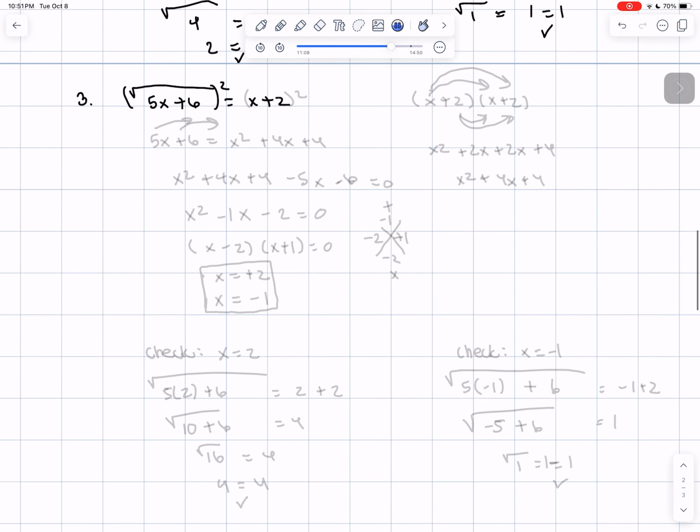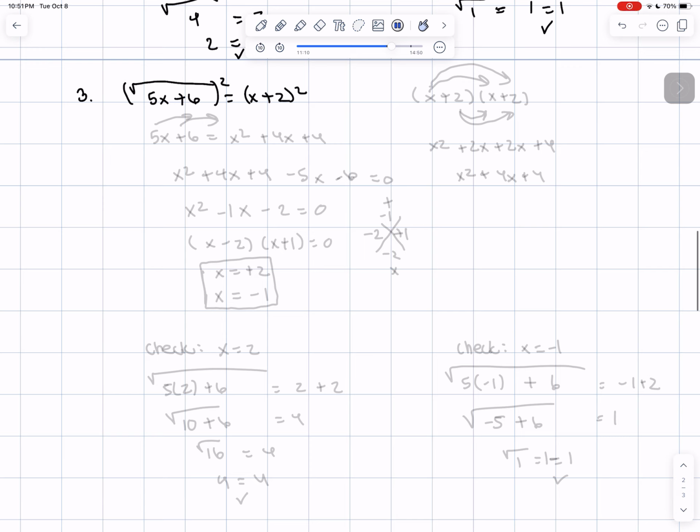So again, square both sides. Move everything to the other side.